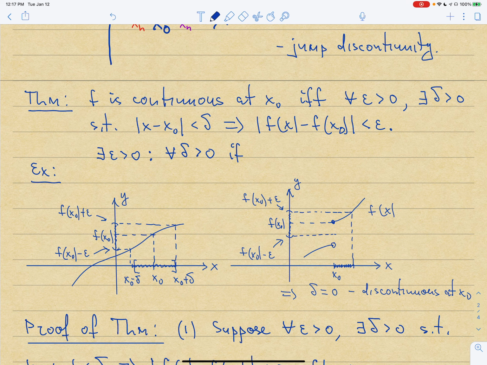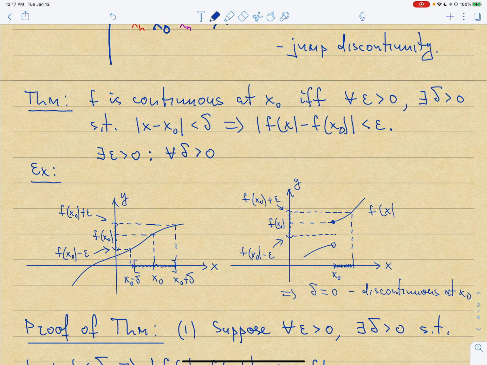So before we were saying that for all x with x minus x0 being less than delta, something is going to happen. So now it's not going to be for all, but for some.